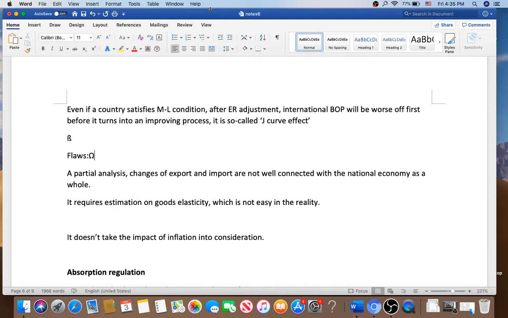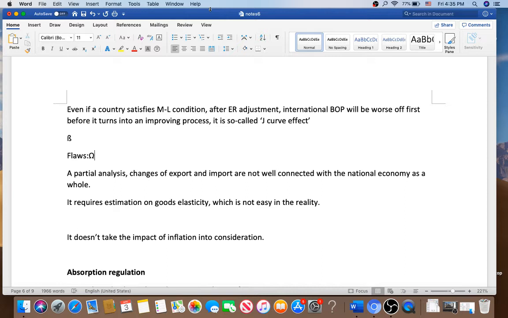And the model used here is the one we mentioned before at the beginning: Y is equal to C plus I plus G, plus the difference between exports and imports.